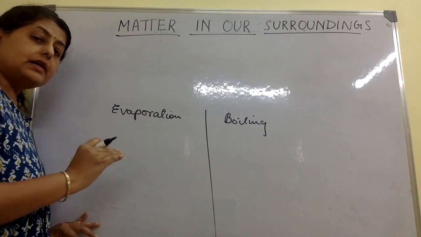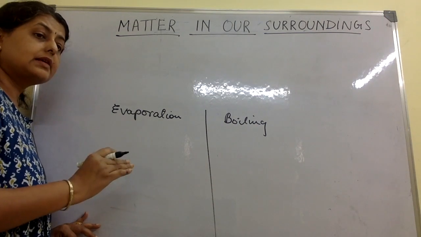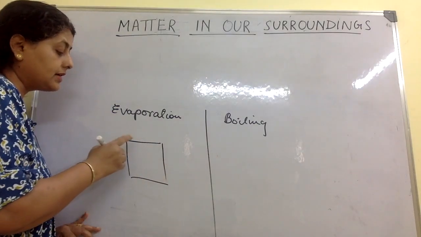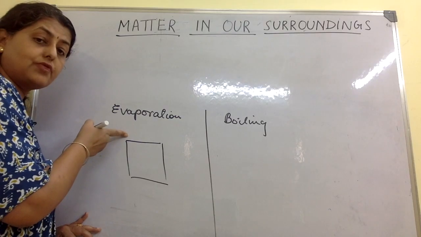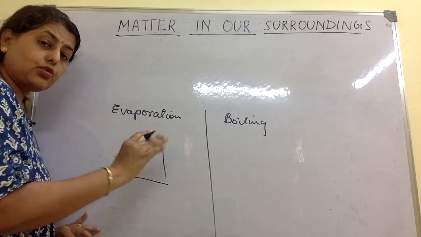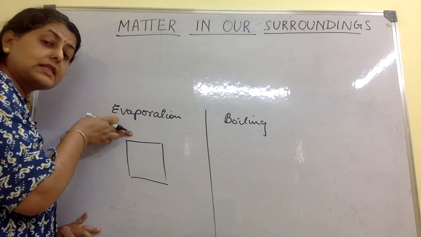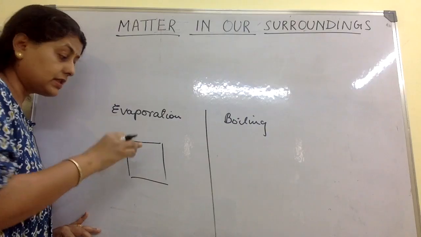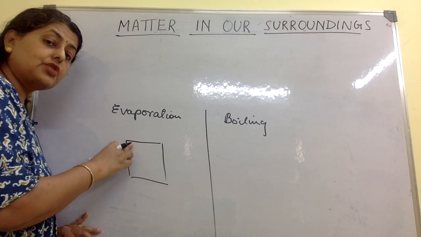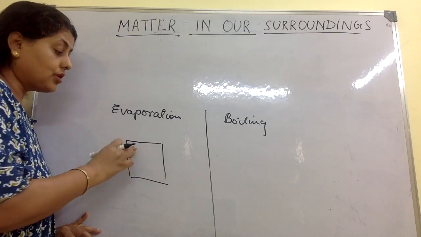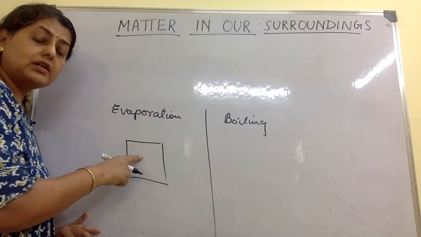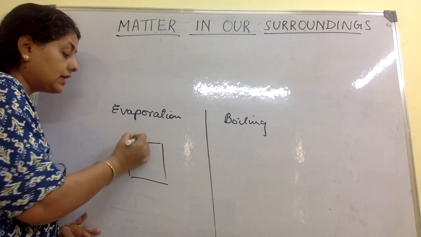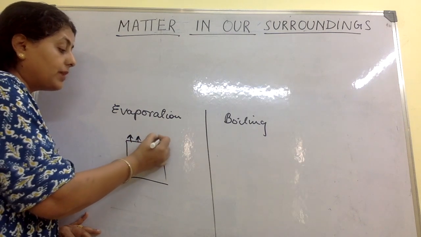Evaporation is, supposing you have a bulk of water in a bucket, and you have left it out in the open, the top layer of water is getting enough kinetic energy because of the heat. It is getting enough kinetic energy to pull itself out of the intermolecular forces of the other particles of the water, so they can just move out, forming water vapor.